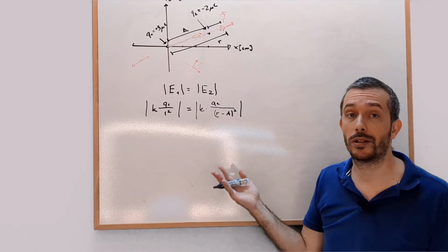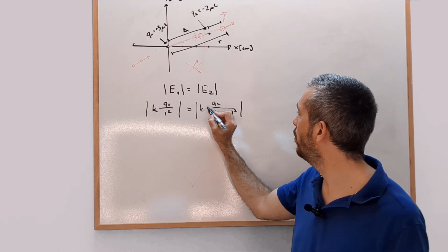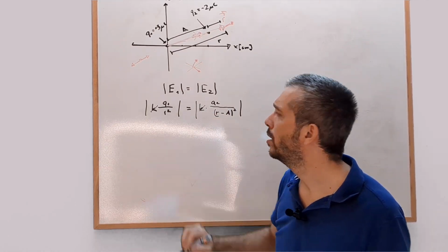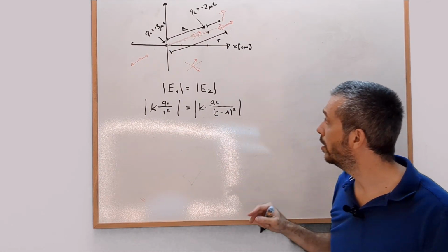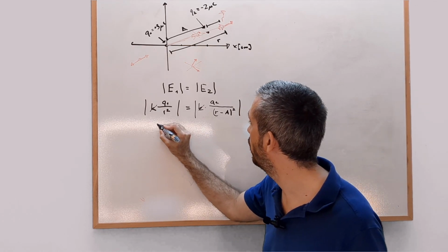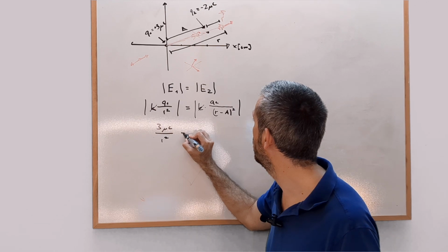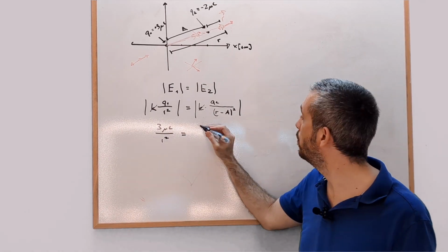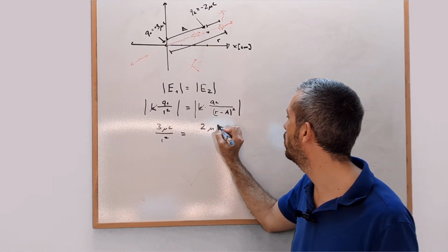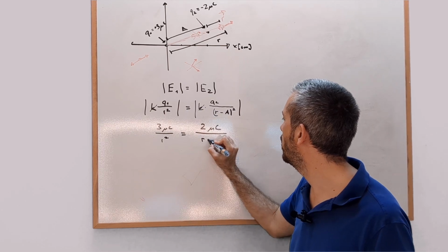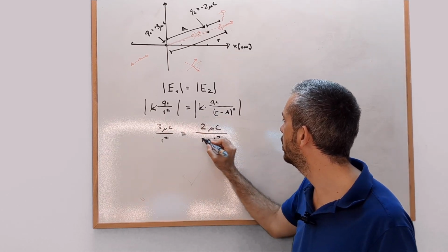From now on, it's just a question of math. So a lot of things cancel out. And then let me write the charges in it. So I have 3 microcoulomb over R squared is, because we use absolute bars, plus 2 microcoulombs over R minus a squared.